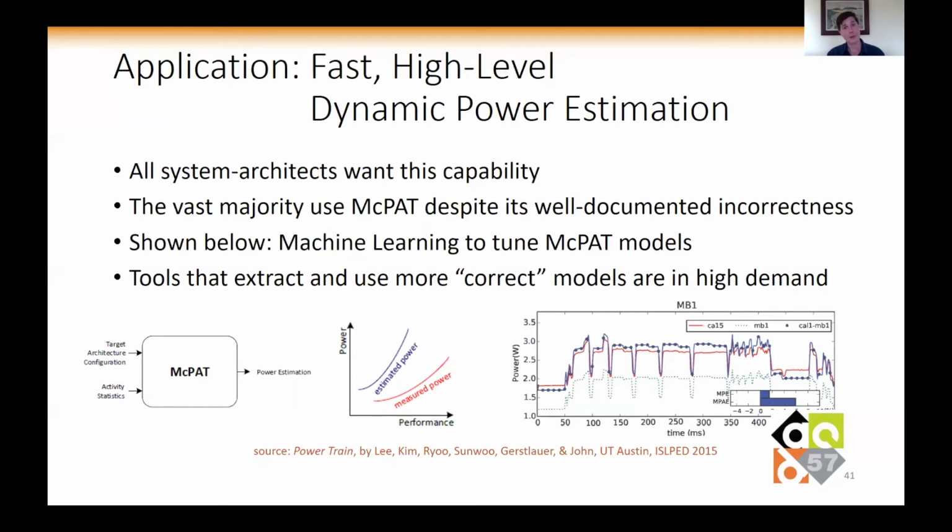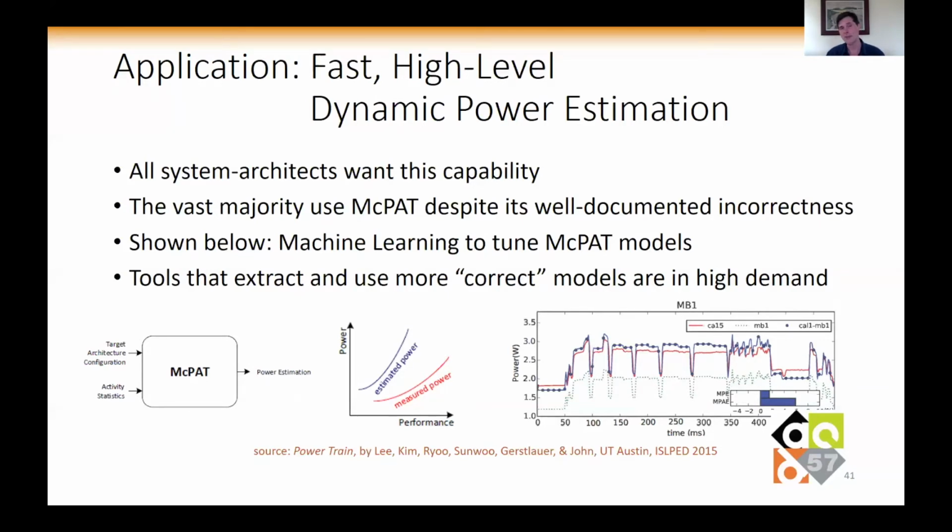And what I've shown here on this slide are some images from one of my favorite papers by Andreas Gerstlauer's group at UT Austin, where he's taking samples of power from real hardware and using machine learning algorithms to tune McPAT models into something that's more correct.